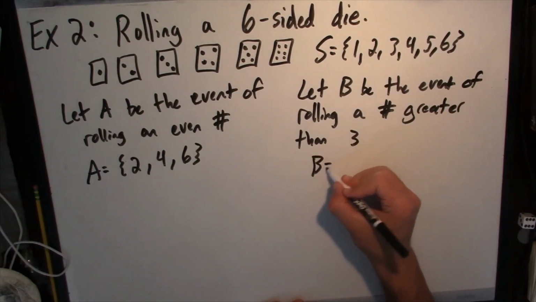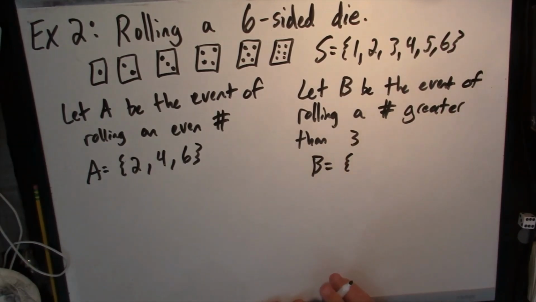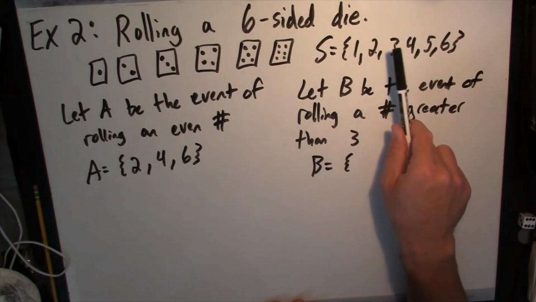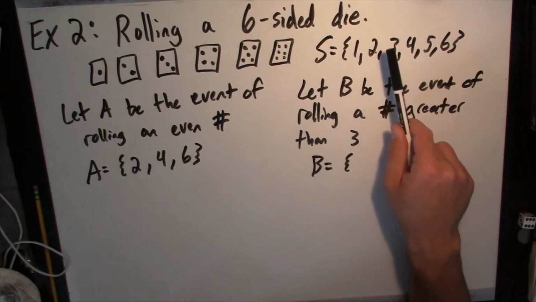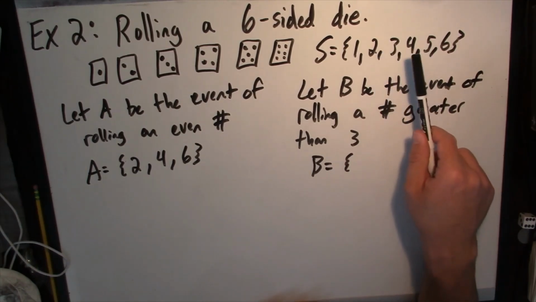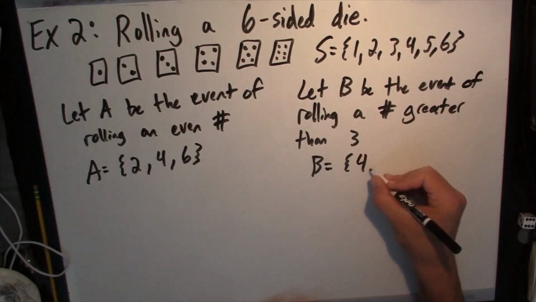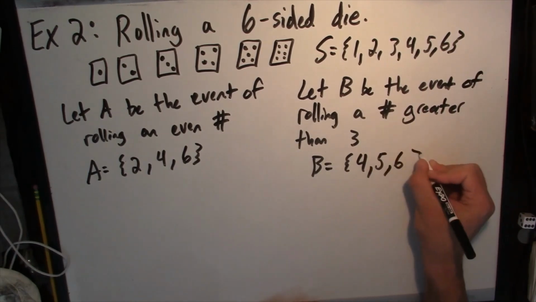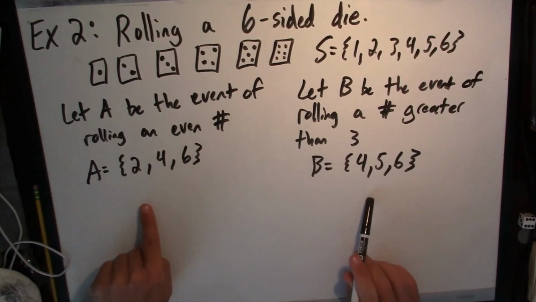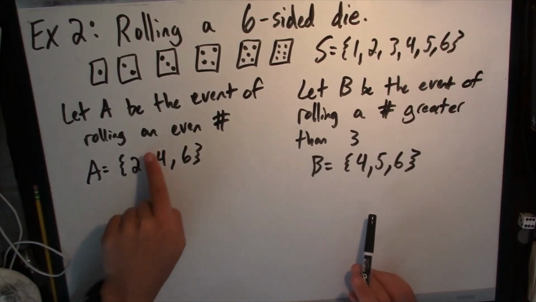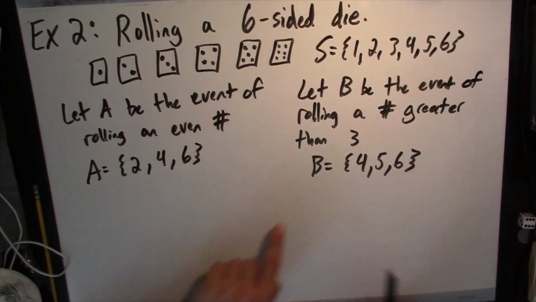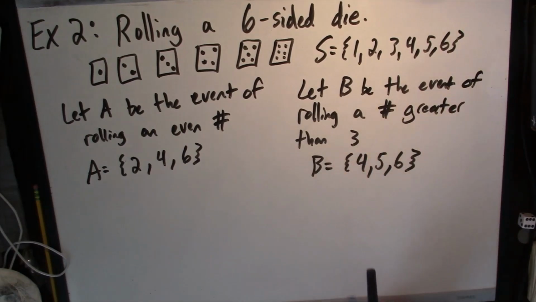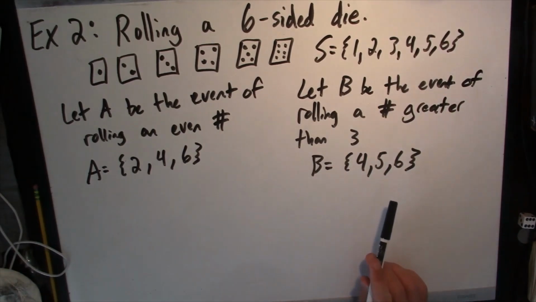So if we look at our sample space, which numbers are greater than 3? Well, 3 is not greater than 3. 3 is equal to 3, so we don't include 3, but we do have 4, 5, and 6. So these are our 2 events. We have A, which is rolling an even number, 2, 4, and 6. We have B, which is rolling a number greater than 3, which is 4, 5, and 6.